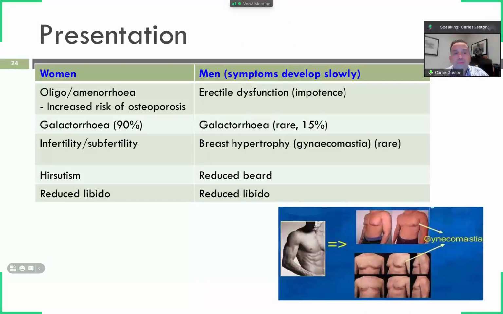So the presentation of prolactinoma is different in women and in men. They will have different effects, right? In women, they will have oligoamenorrhea. I don't know if you guys know what amenorrhea is. If not, you need to study and look it up. Amenorrhea is a stopping of the cycle, the periods, the menstrual cycle, right?